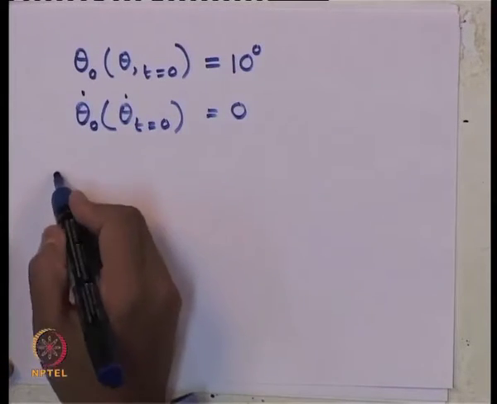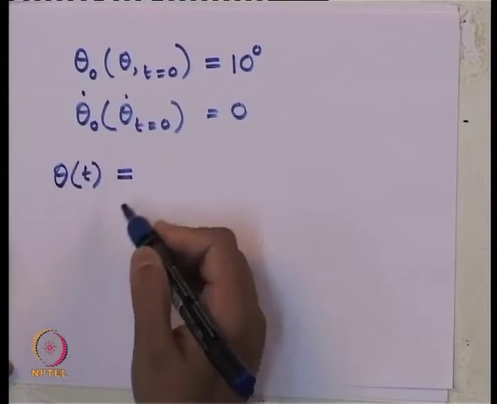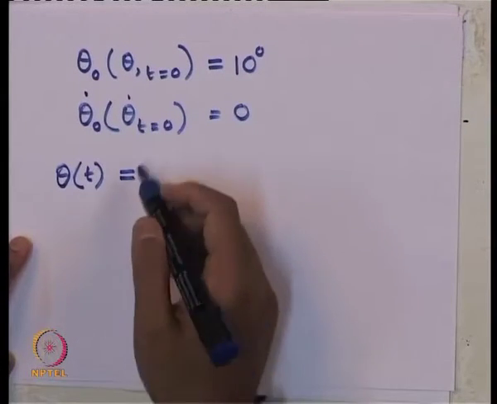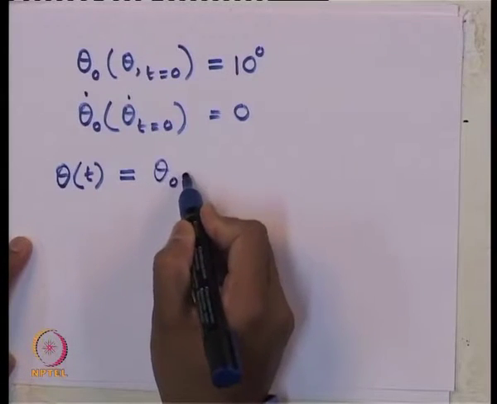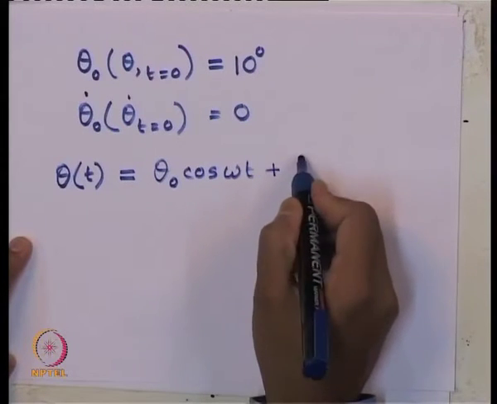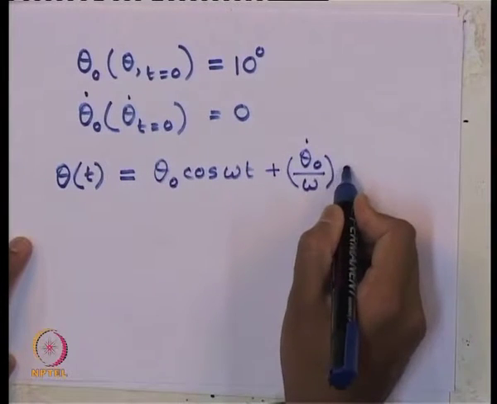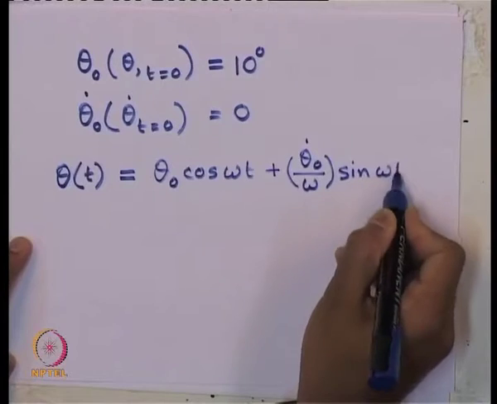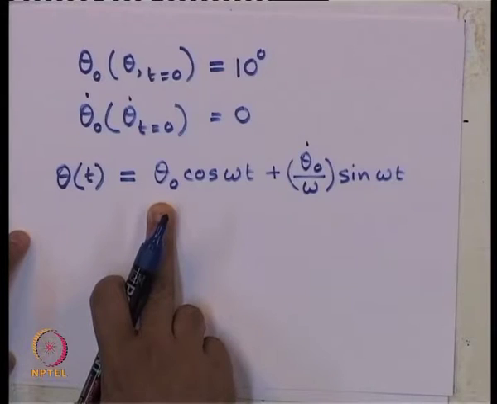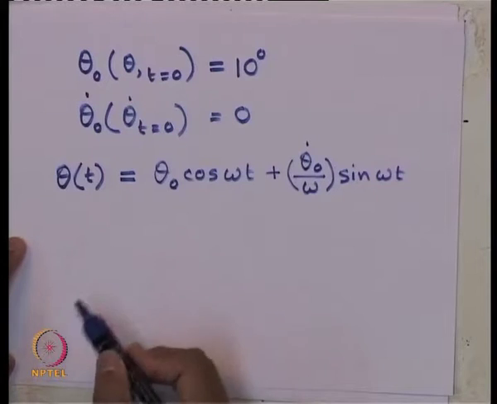Now, what is the solution of the governing equation of motion? The solution for undamped free vibration is theta of t equals theta naught cosine omega t plus theta naught dot by omega sine of omega t. That is the complete solution using the initial conditions theta naught and theta naught dot. That derivation we had seen earlier.